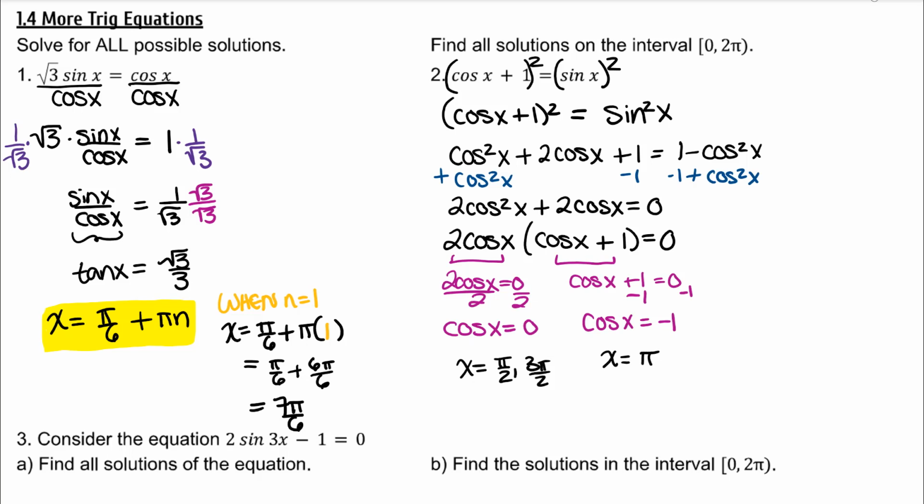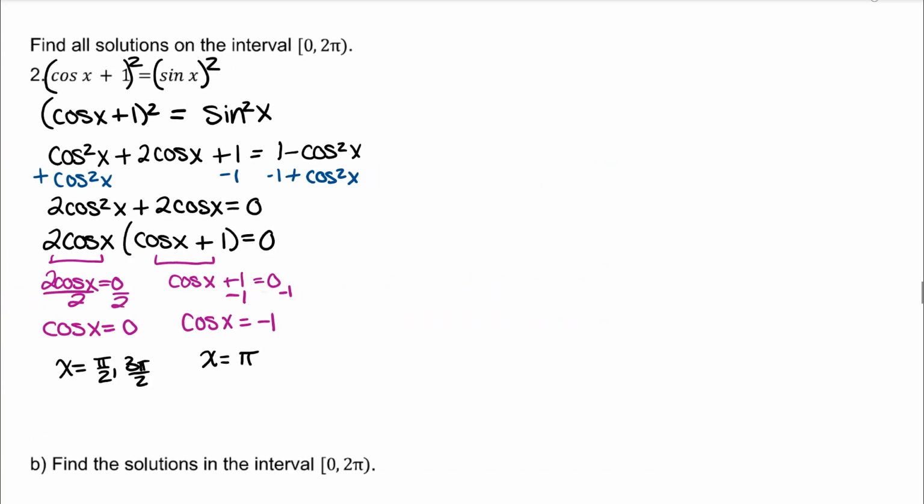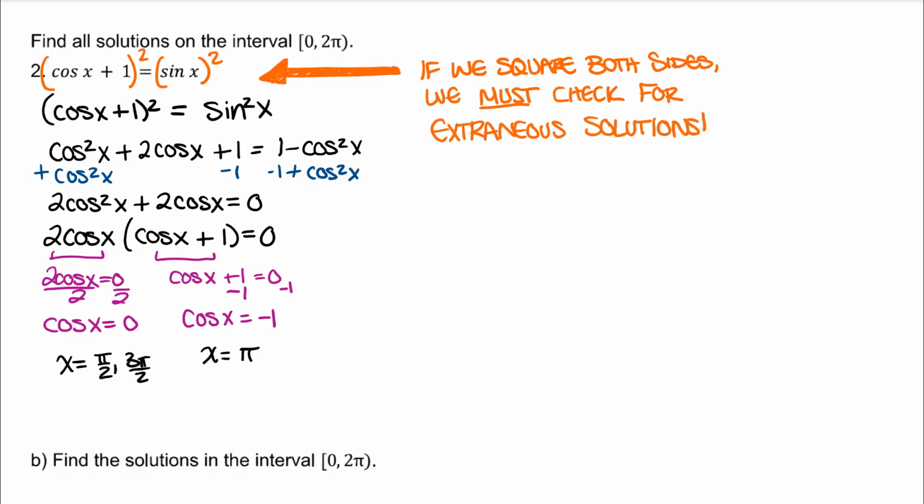equals pi. Super important! Remember when we were solving square root equations and we squared both sides? We had to check for extraneous solutions because squaring both sides can provide additional solutions that are not true solutions of the original equation. So if we square both sides, we must check for extraneous solutions.